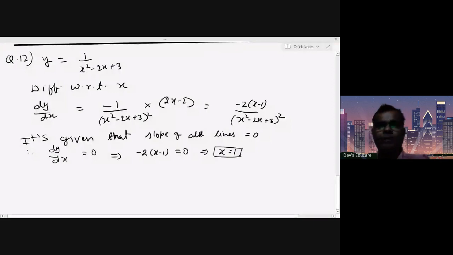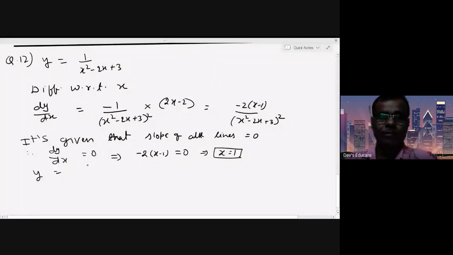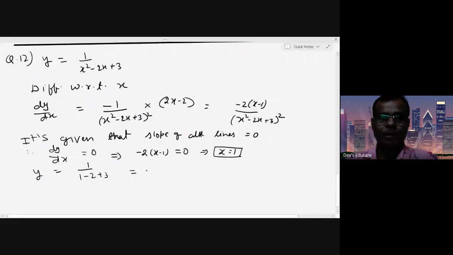So we got x equals 1, and then we put it in y, which is 1 upon 1 minus 2 plus 3, which gives 1 upon 2.